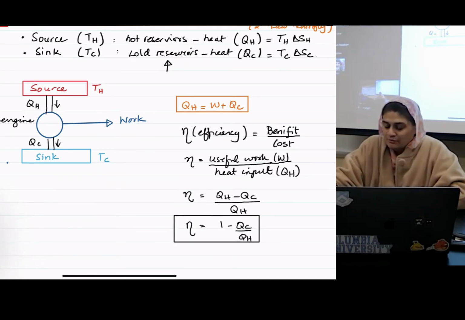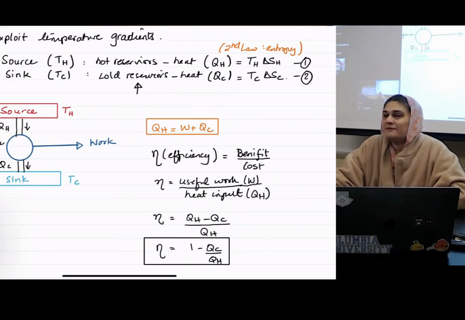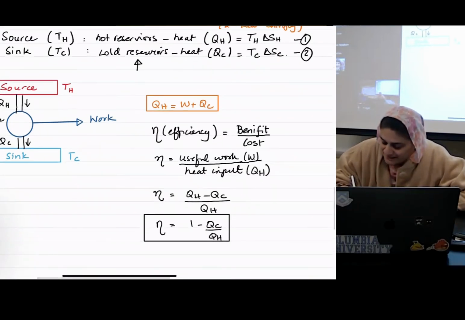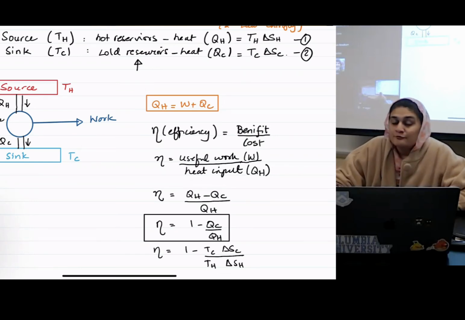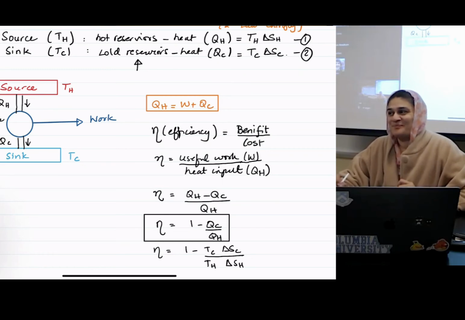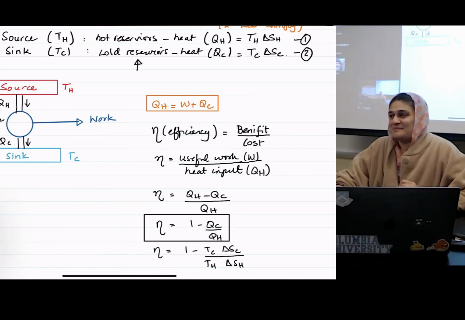May I also, from equations 1 and 2, because remember, I can't quite figure out QC and QH. Wouldn't it be just easier if I could just do temperatures? So may I, from equations 1 and 2, instead write this as, and for reversible processes, ideal scenarios, may I get rid of the delta S's?